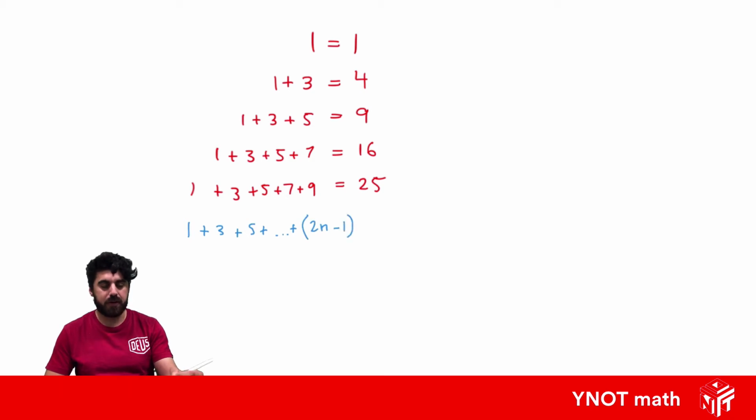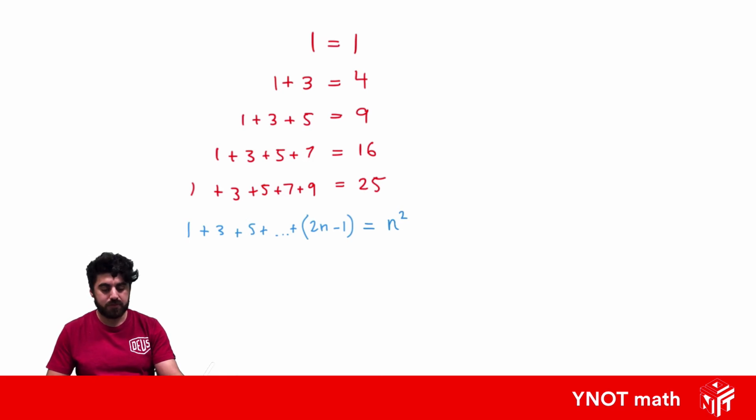We could express the odd number as 2n plus 1, but expressing it as 2n minus 1 takes into consideration the first number being 1, because if you subbed in n equals 1, we'd have 2 times 1, which is 2, minus 1, which is 1, which would represent our first odd number. And we're saying that the sum of all these odd numbers is equal to a perfect square. So we can say it all equals n squared.